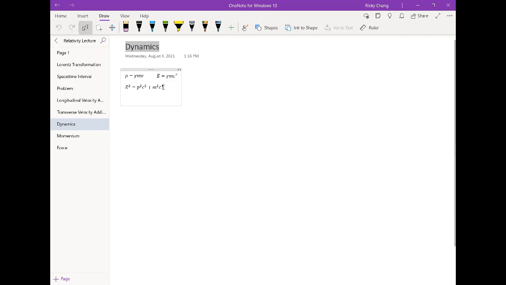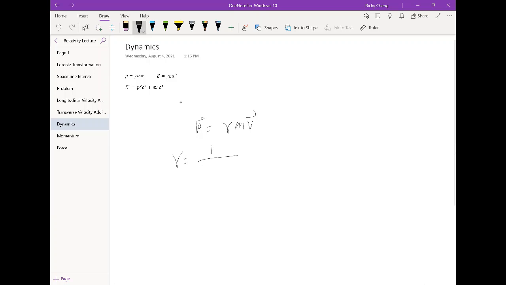First, these are the equations for momentum and energy. If we write the momentum and velocity in vector form, then P is equal to gamma times m times V. V and P are both vectors here, and gamma is the constant we use so much in relativity.